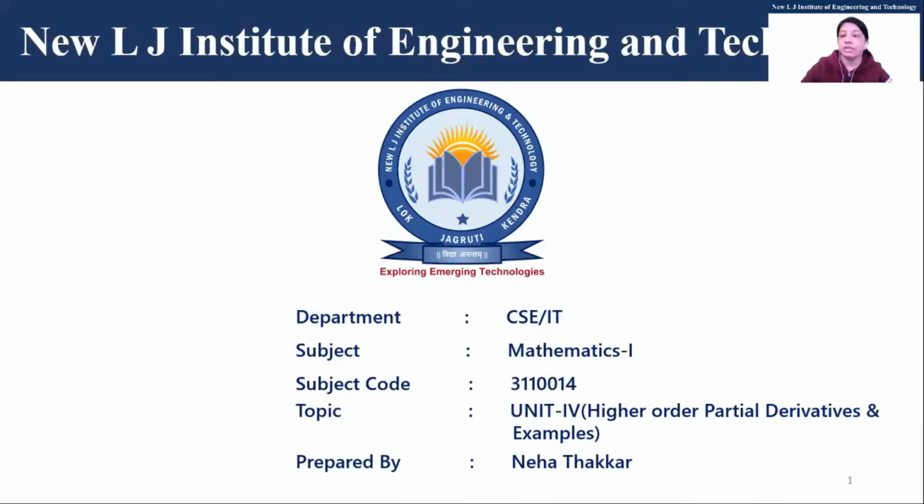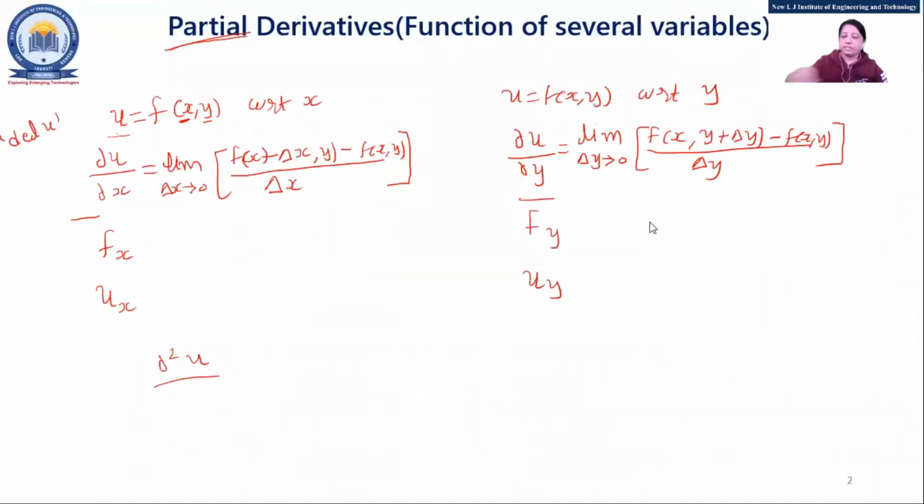Fine. So today we are going to see the concept of higher order partial derivatives and its examples. In the last lecture we saw what a partial derivative is. Two variables are given, and when you take the partial derivative, one variable is supposed to be constant.